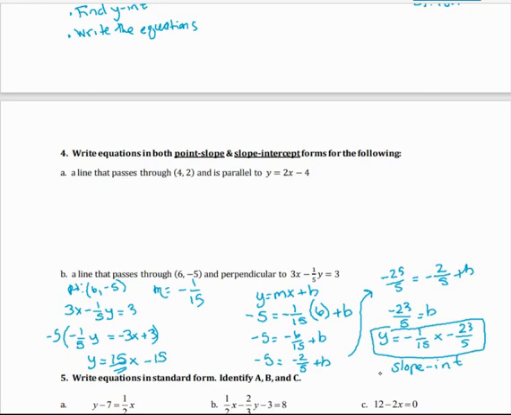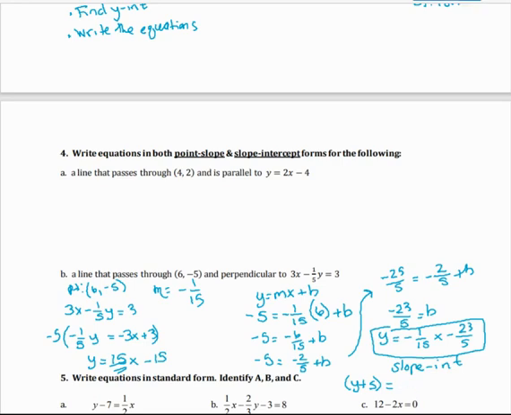Point slope form is simply then y minus y1, which we found was, sorry, it was -5. So that'll be y plus 5 equals m. I'm sorry, I keep looking at the wrong screen here.